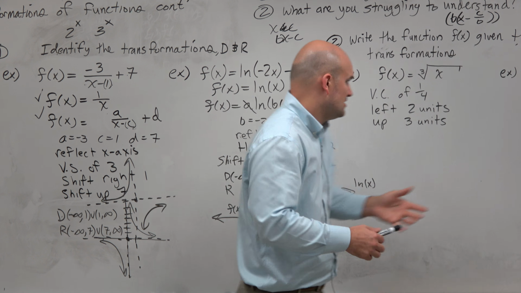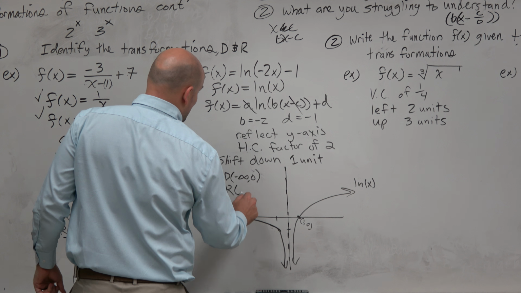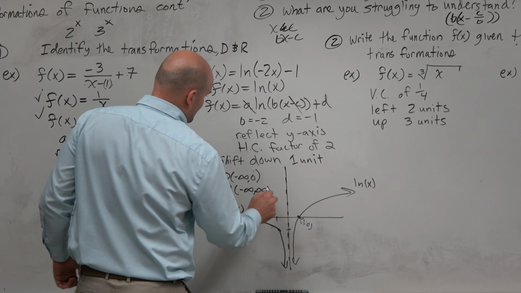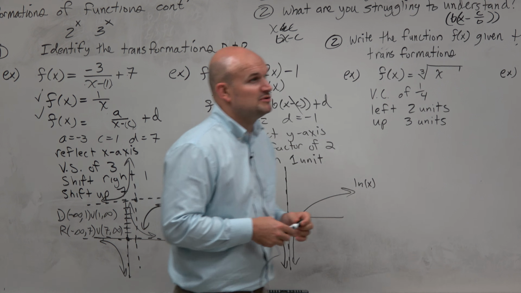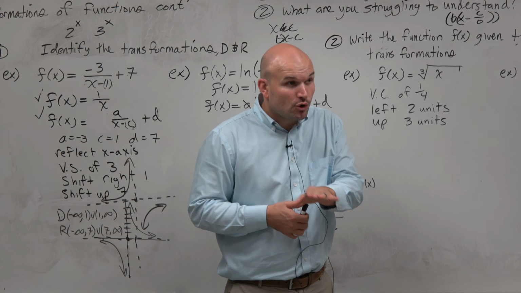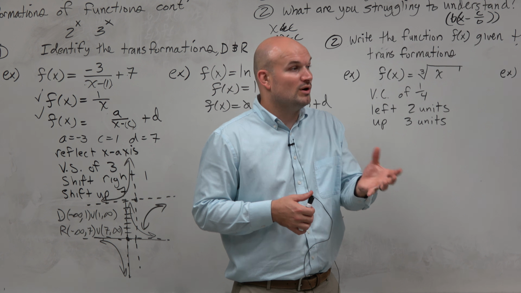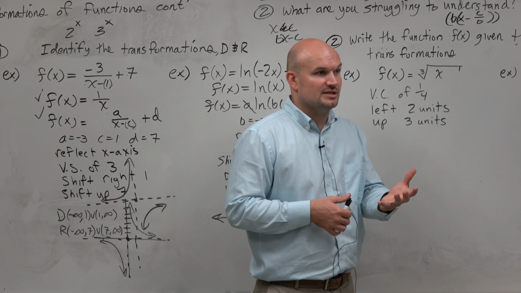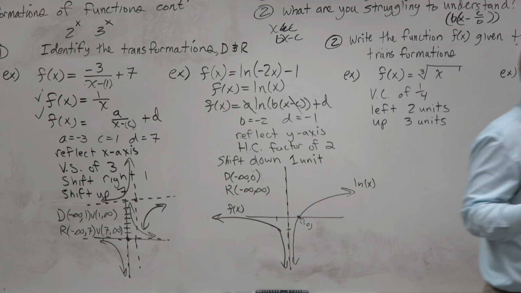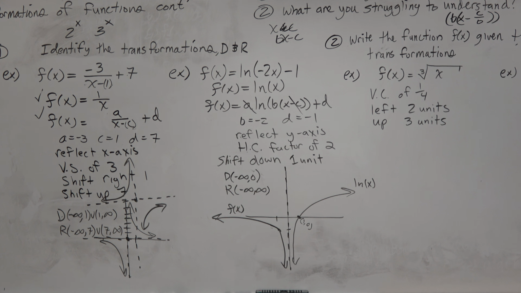No, the range is going to be unchanged. That's what's nice. If you look at your parent graphs, the majority of them have at least one domain or range that's unrestricted. So it doesn't matter what transformations you apply, it's never going to change. So the range is from negative infinity to infinity.